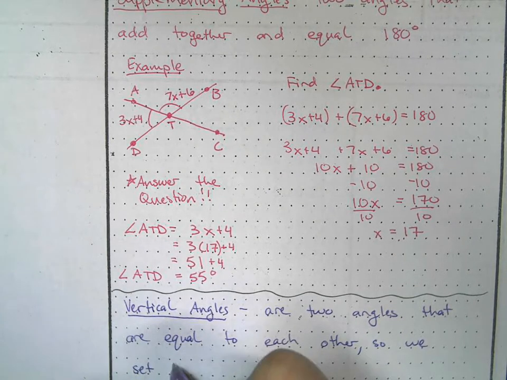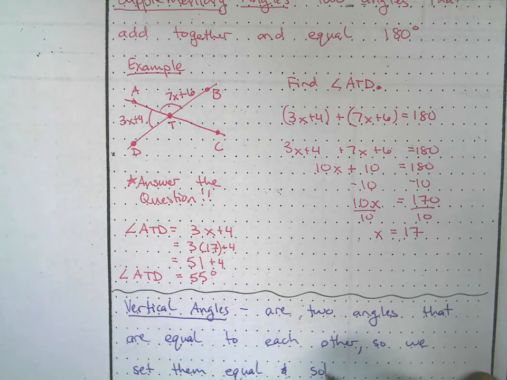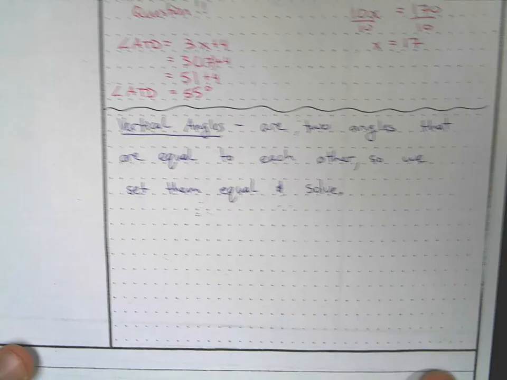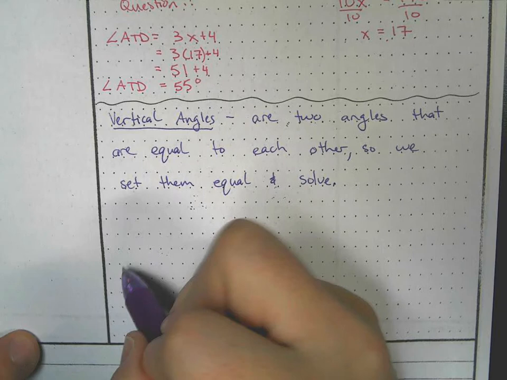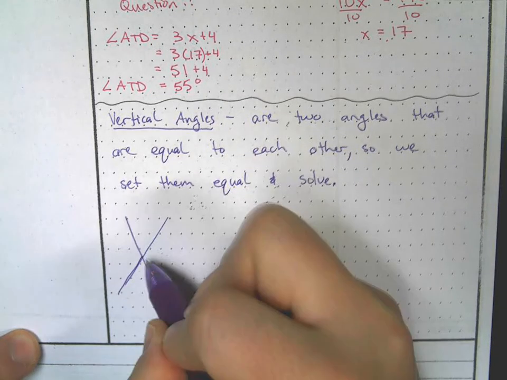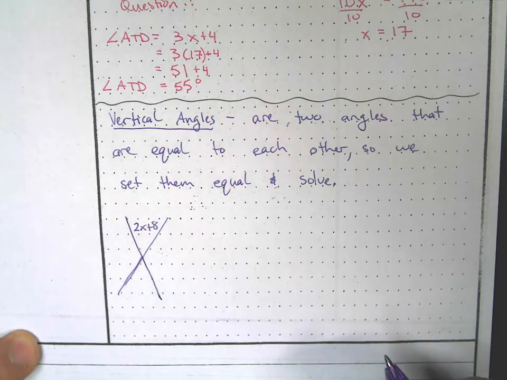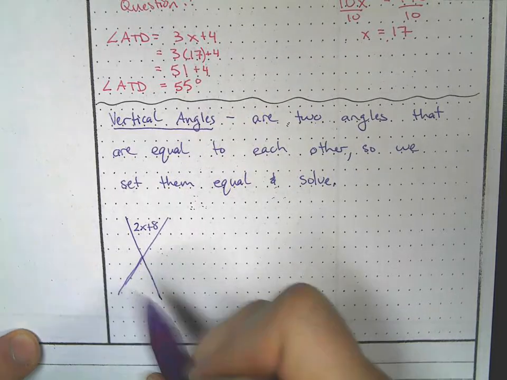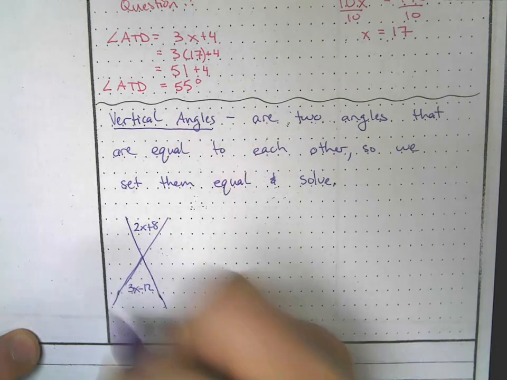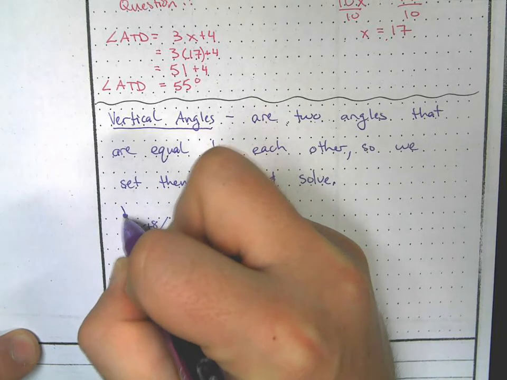So we set them equal and solve. So what vertical angles would look like, we could have 2x plus 8 on this angle, and we'll have 3x minus 12 on this angle. Let's give some letters so we can have something to talk about.